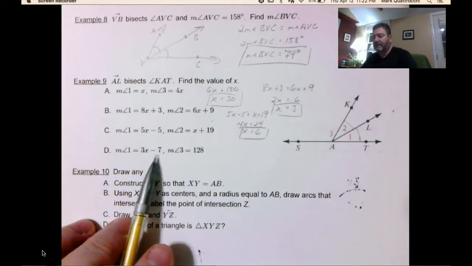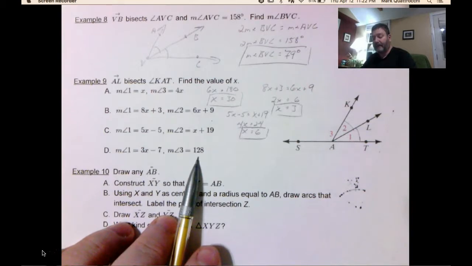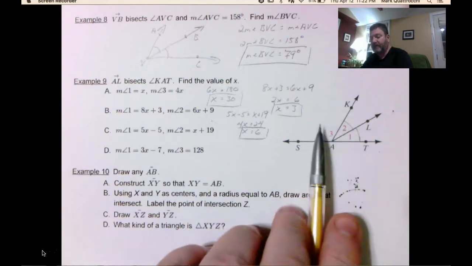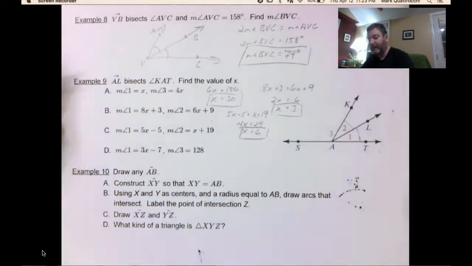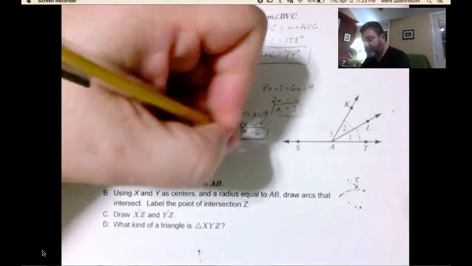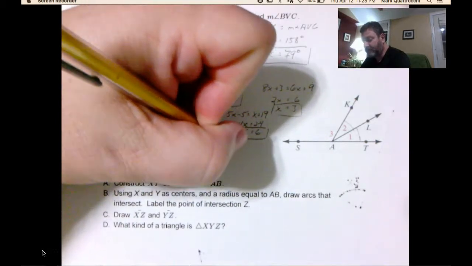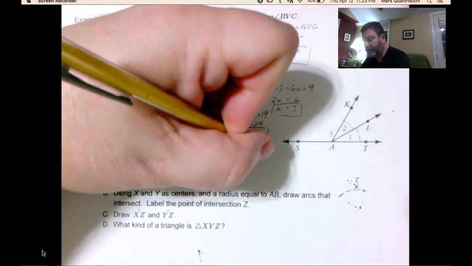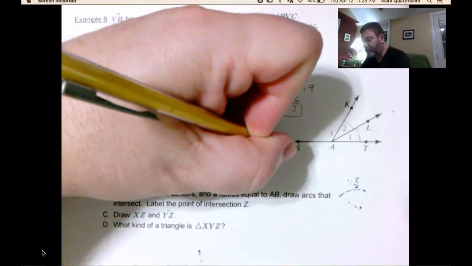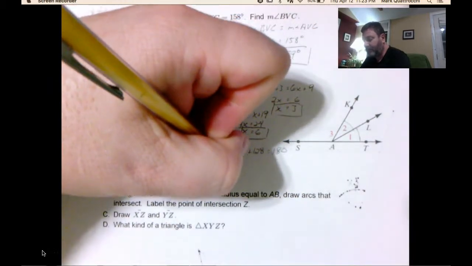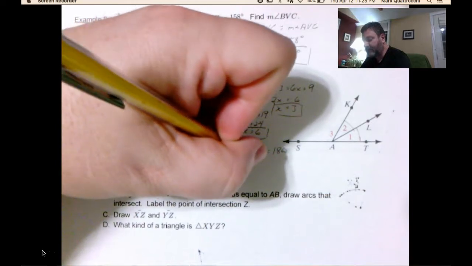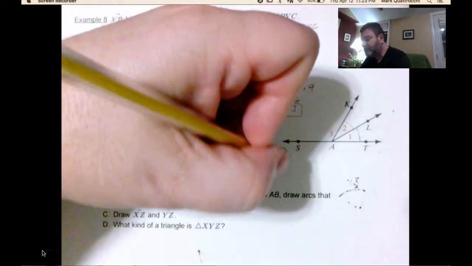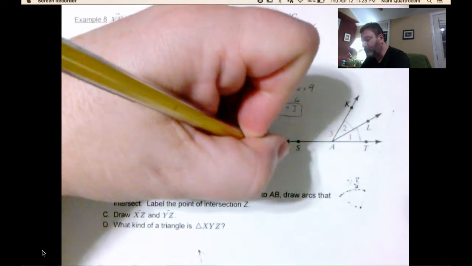Angle 1 is 3x minus 7. Angle 3 is 128. 3x minus 7 plus 3x minus 7 plus 128 equals 180, or 2 times 3x minus 7 plus 128 equals 180. 2 times 3x minus 7 equals 52.